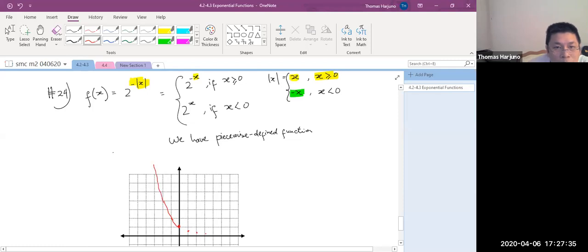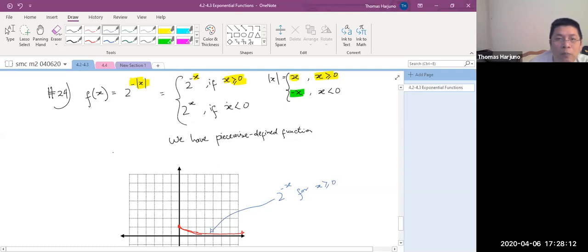This is 2 to the negative x. However, we only take the positive branch, so I will erase everything on the negative branch. This is 2 to the negative x for x greater than or equal to 0.